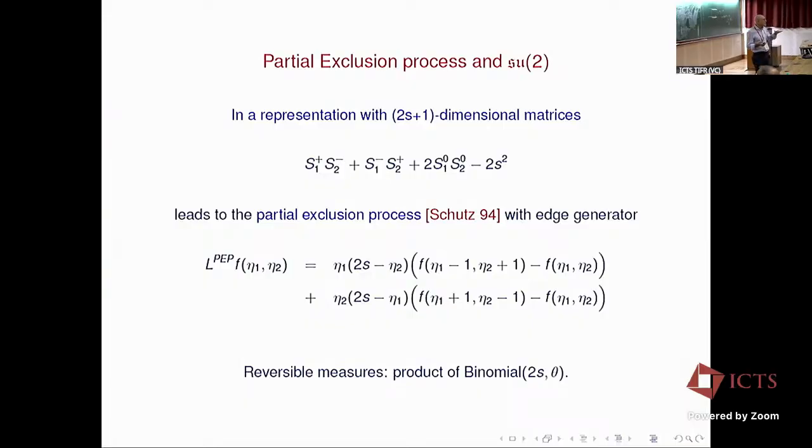So now on each site you allow up to 2s particles, and you move a particle from, say, site 1 to site 2, depending on how many particles you have at the departure site and how many holes you have in the arrival site. And this nicely generalizes the standard exclusion, where you have as a reversible measure a product of Bernoulli. Here you have a product of binomial.